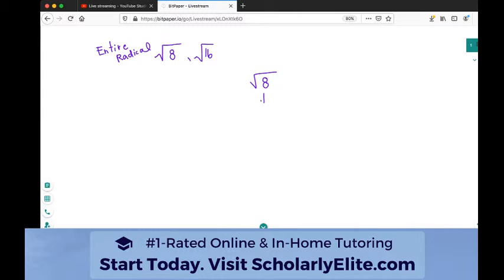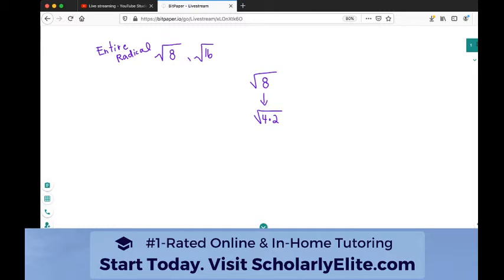This can be broken down further, and it looks like this, because 8 does equal 4 times 2. What I always want to do when I'm simplifying radicals is to simplify them in terms of perfect squares. So we know that 4 is a perfect square because it's 2 times 2 equals 4.